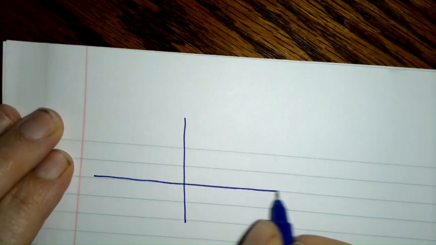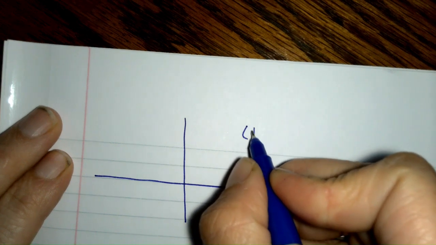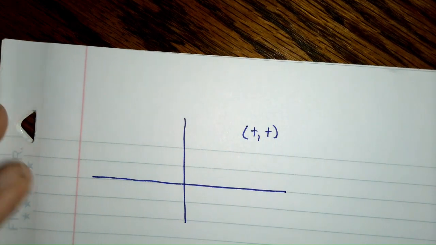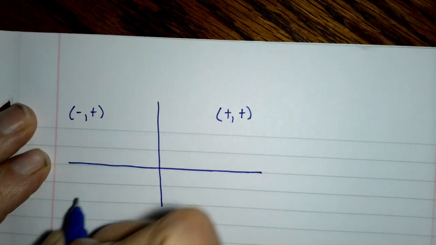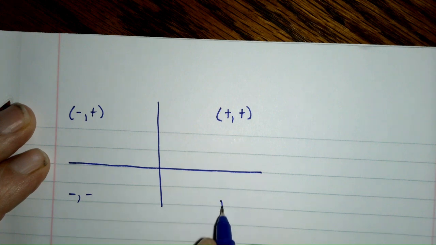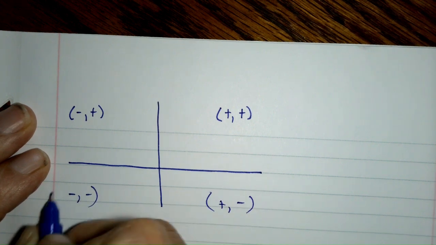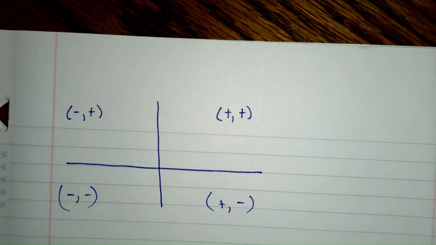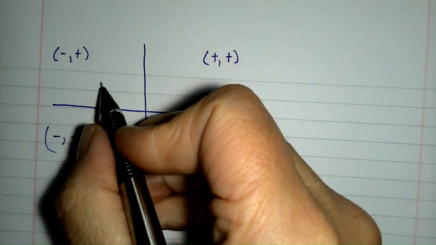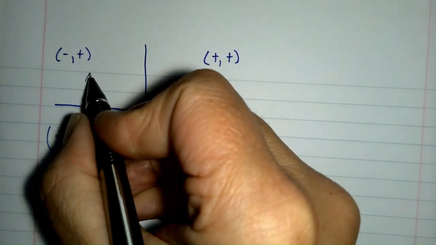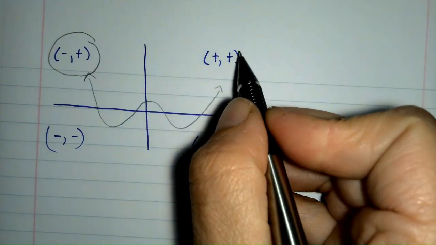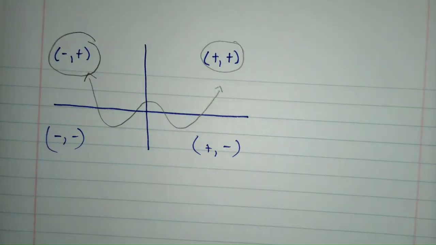Now, as far as those little weird arrow things go, I think we would all agree that the ordered pairs here are positive, positive. Here they're negative, comma, positive. Negative, negative, and positive, negative. So for a graph that looks like this, it starts in this quadrant and ends in this quadrant.